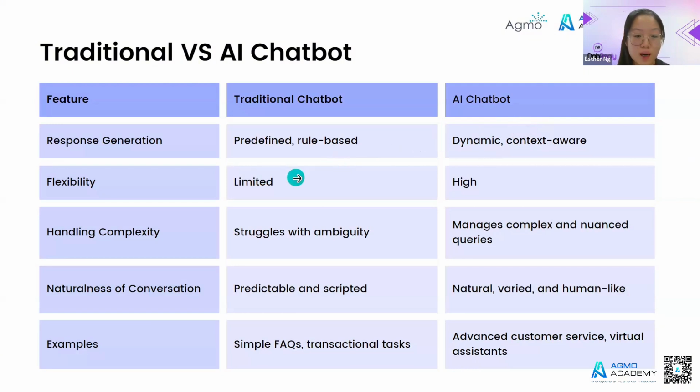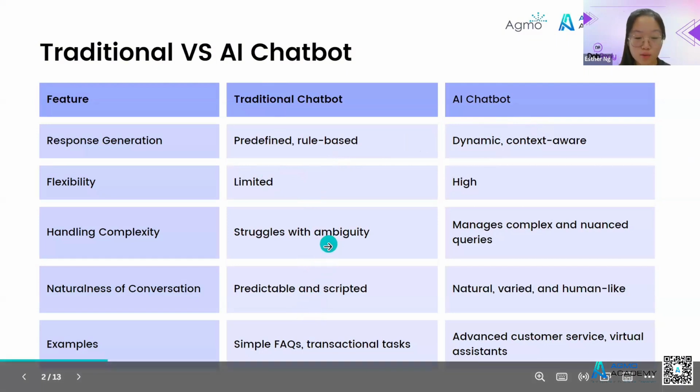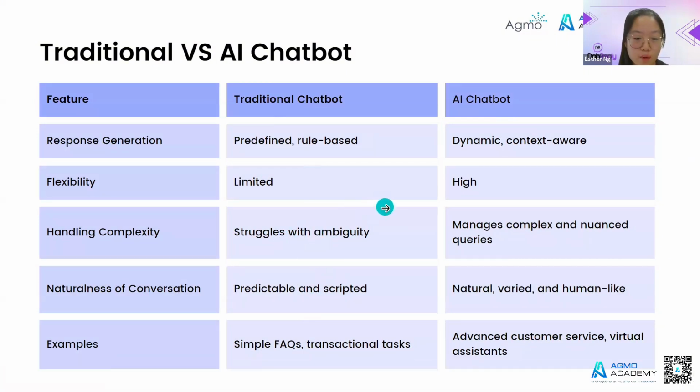As a consequence, traditional chatbots are less flexible. They are very rigid in structure compared to AI chatbots, which have high flexibility and are very capable of adapting to the customer's questions. In terms of handling complexity, traditional chatbots also struggle with ambiguity. When you give them very vague questions or use wrong meanings, they might not be able to understand what you are trying to say.